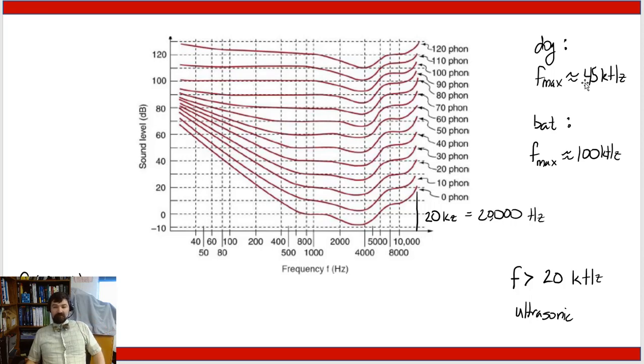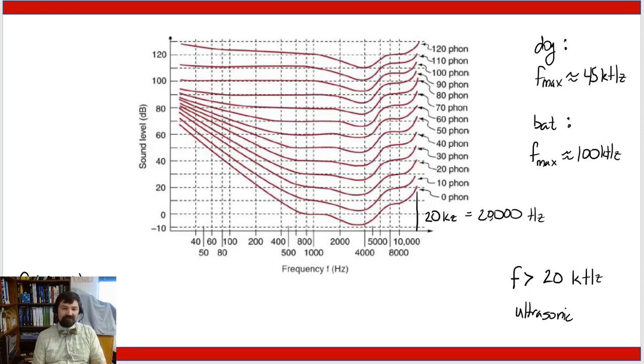Likewise, a bat has a very high threshold of hearing. Part of why that's an advantage to a bat is because the higher the frequency, the shorter the wavelength. And the shorter the wavelength, the better the resolution. One rough estimate is that the wavelength is roughly the same length scale, within a factor of 2 or so, as the smallest thing that you can resolve with that wavelength.